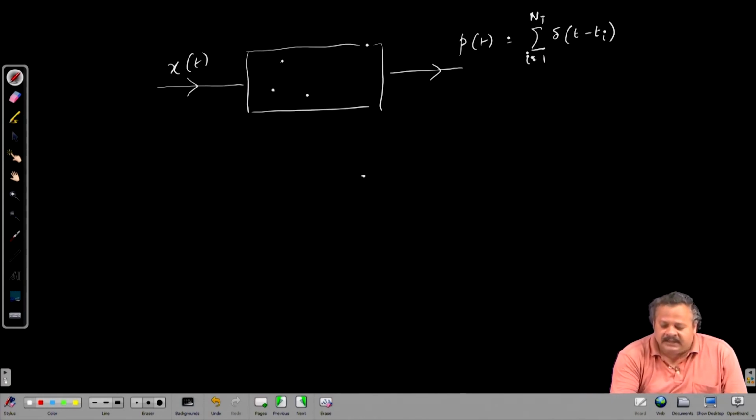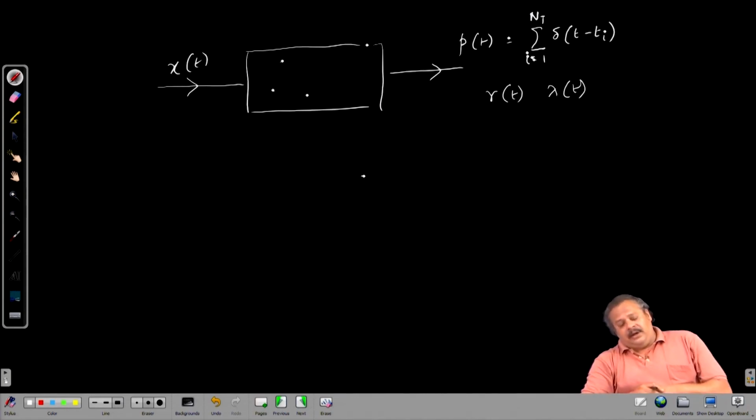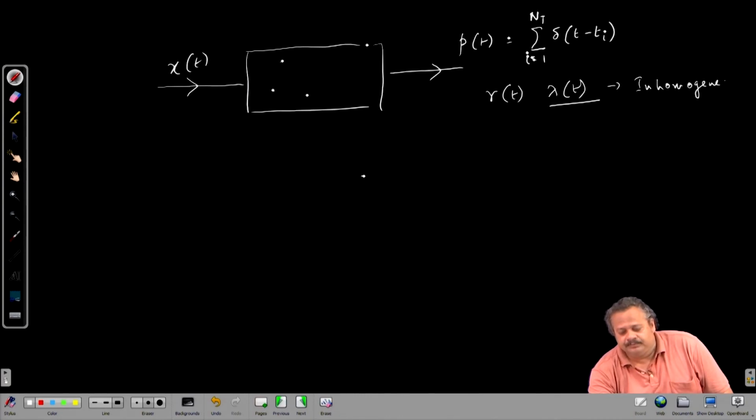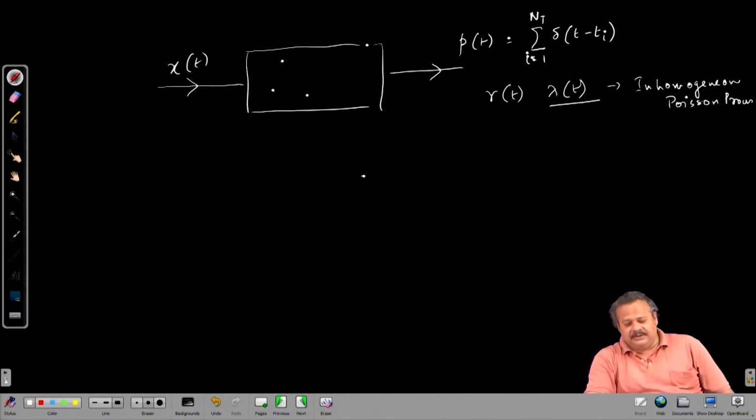We said that we can represent the response by a rate as a function of time, lambda(t) or r(t), and that lambda(t) is the driving function for an inhomogeneous Poisson process, or the point process that the spike train is, and these events are represented by the delta(t)'s. So lambda(t) essentially says that the average rate at a particular instant t, based on many repetitions, is such that the probability of spikes occurring in that instant t and a delta window around it is proportional to this lambda(t), provided that there is only one spike possible in that window.